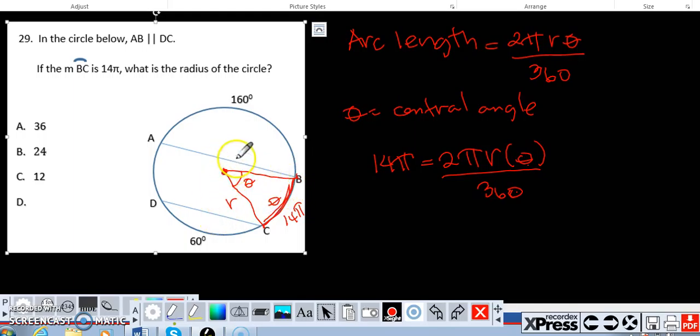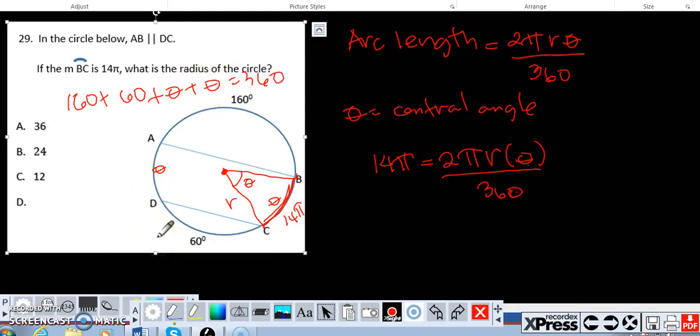Since these two are parallel, this is also theta. So if we make an equation to find the angle, 160 plus 60, plus theta, plus another theta is equal to 360, right?